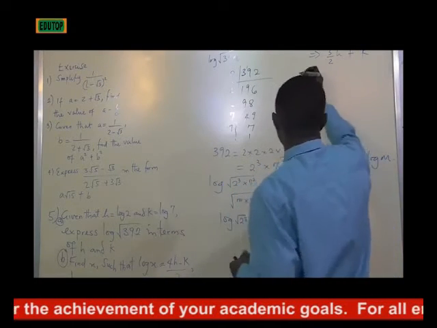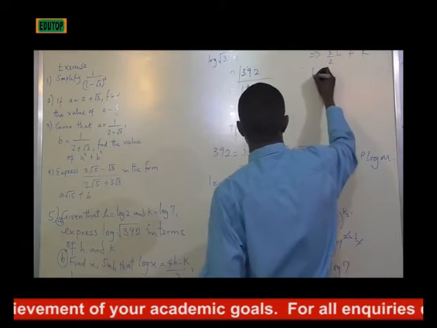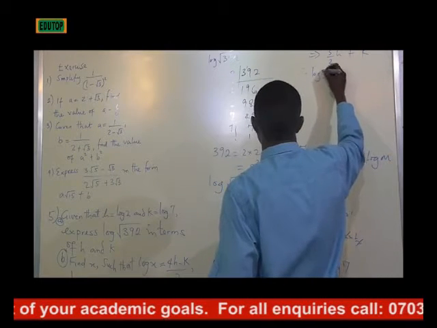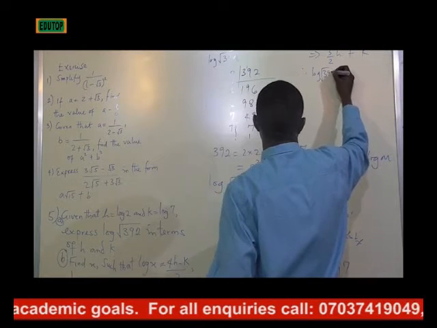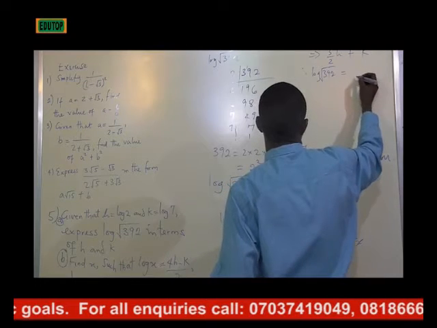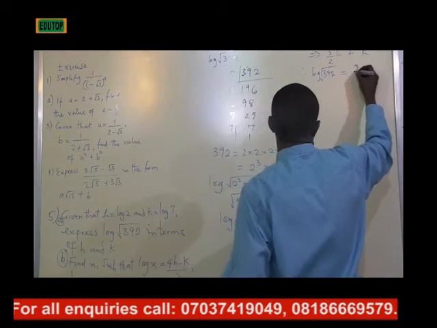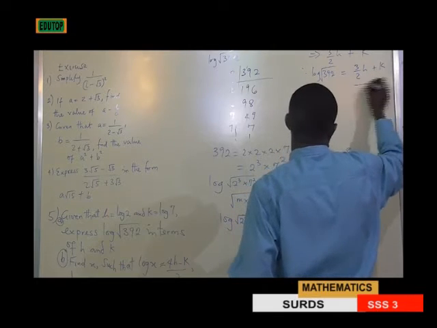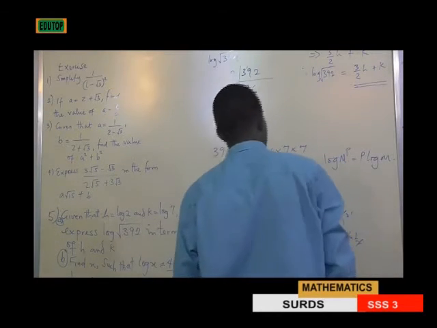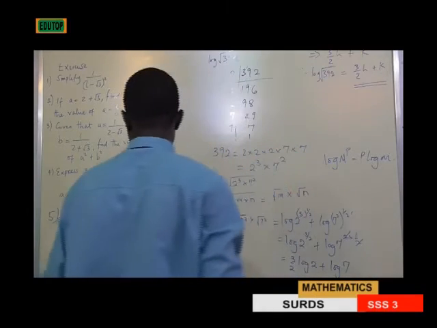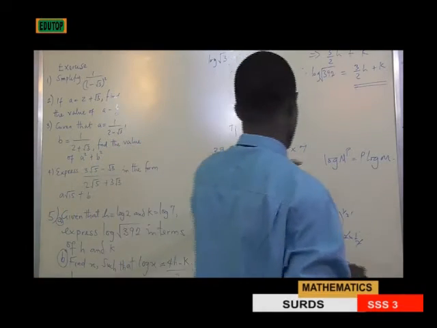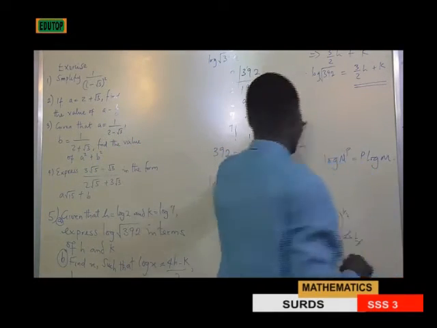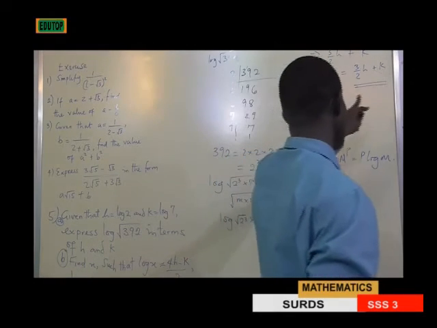Therefore, log root 392 is 3 over 2 h plus k. So I've been able to use the concept of surds and logarithm to express log root 392 in terms of h and k.